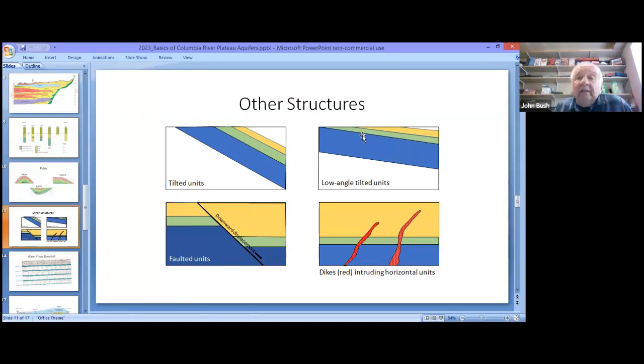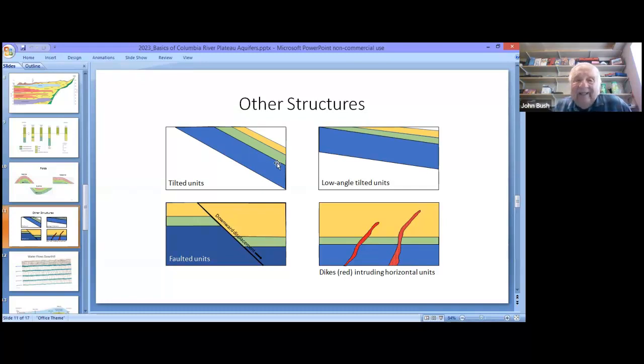I contend they're not, as long as they're tilted, the water is going to try to flow down those contacts. And when you have low angle tilts, you have more exposure of the basalt flow and more exposure of your interflow zones than you do when they're steeply tilted.